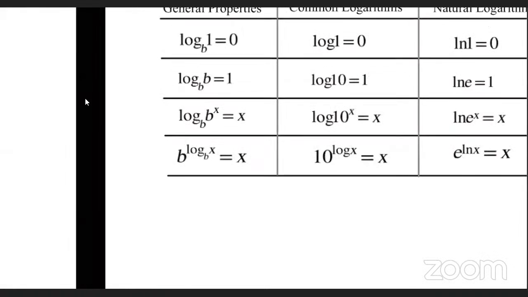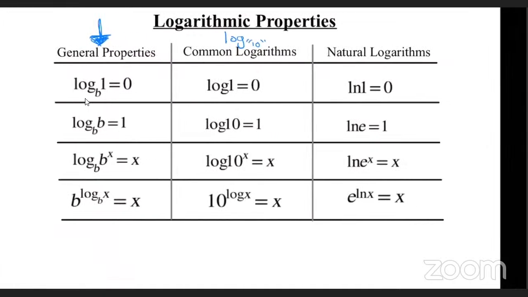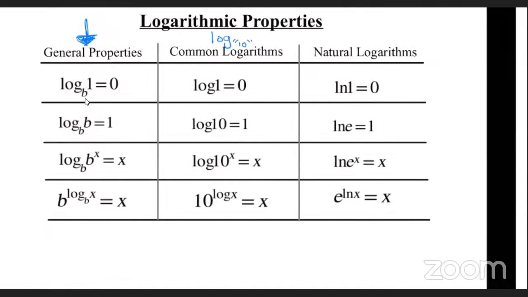So if I zoom in, last 2 pages, we just looked at these again. If we have a 1 on the inside, it's going to equal 0. If your base and the inside match, it equals 1. If the bases match either logarithmically or exponentially, you get whatever other number is in there. And if that base specifically becomes a 10, that's how those logarithmic properties change their look a little bit, the same property though.